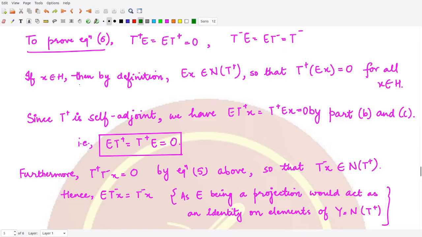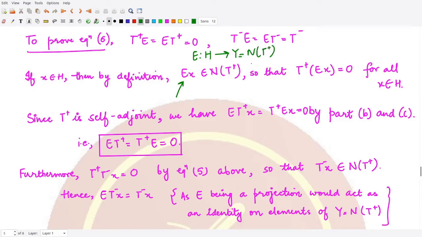If we take some element X from the given Hilbert space H, then according to the definition of this projection operator E, which projects the whole of the given Hilbert space onto some space Y, which is the null space of the positive operator.